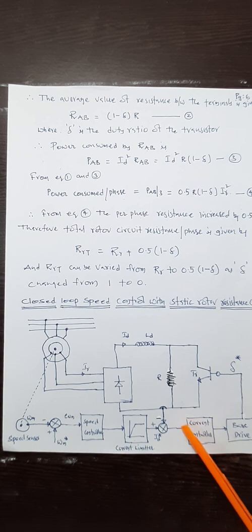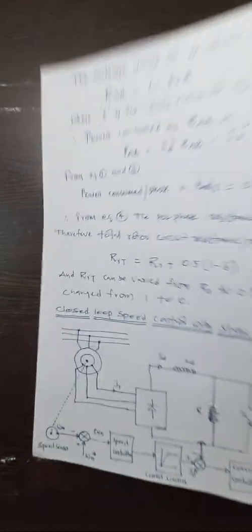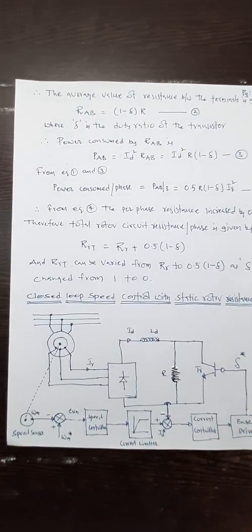If there is some difference in current, the result is processed through a current controller, which again modifies the delta star. As delta changes, obviously the duty ratio changes, and therefore the output voltage changes. That may change the resistance. Yes, so this is the closed loop operation. This is simply explained in a general way.